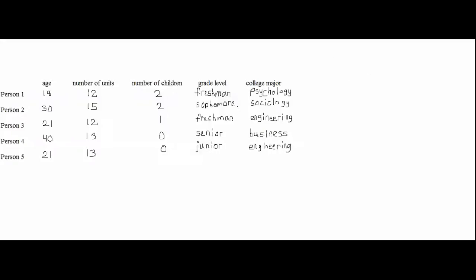We need a line for the x-axis. So the values that appear in the grade level column are freshman, sophomore, junior, and senior. So we'll put those words down here. I'll have to make the font smaller so it can fit.